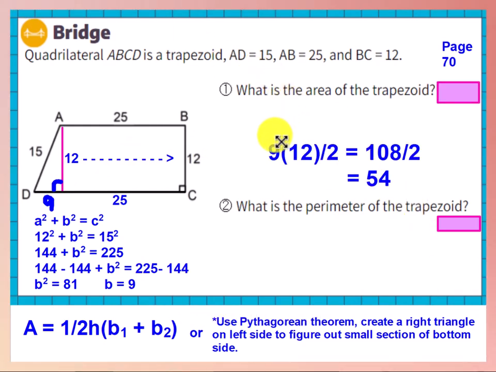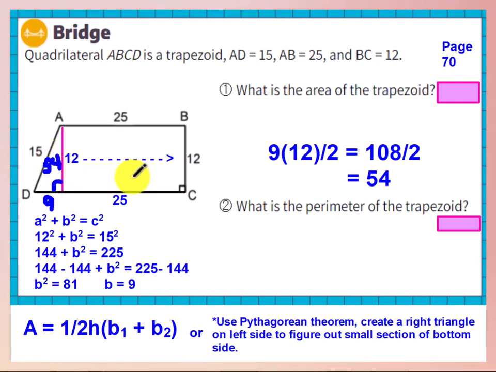All right, 9 times 12, base times height, is 108, divided by 2. Let's divide that by 2 and we get 54. So now we know the area of the triangle is 54.